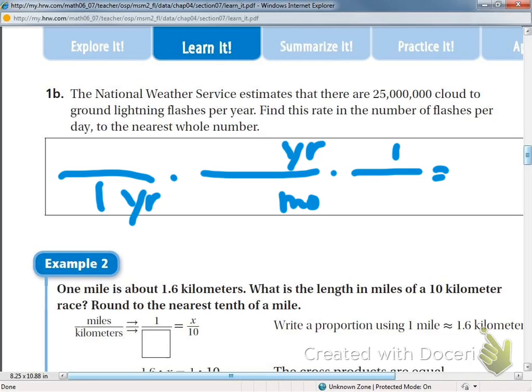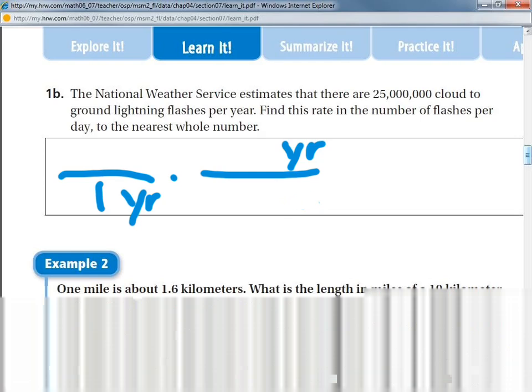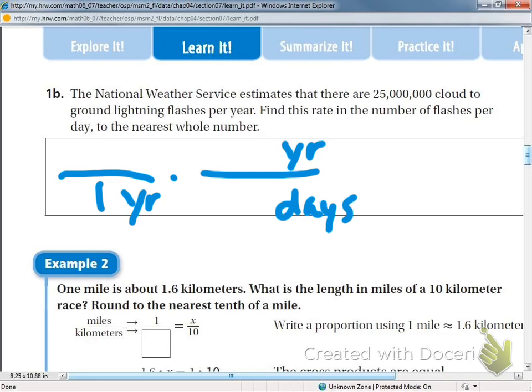and change it from month to day. And I don't even have to do month to day because I know how many days are in a year. And how many days are in a year? 365, that's correct.